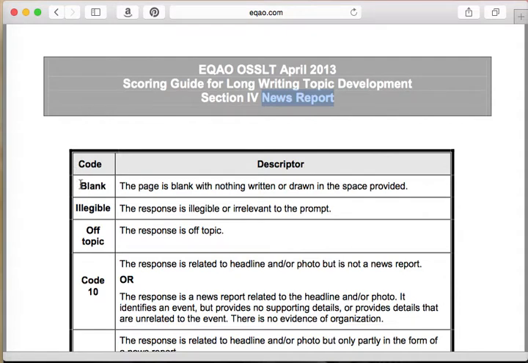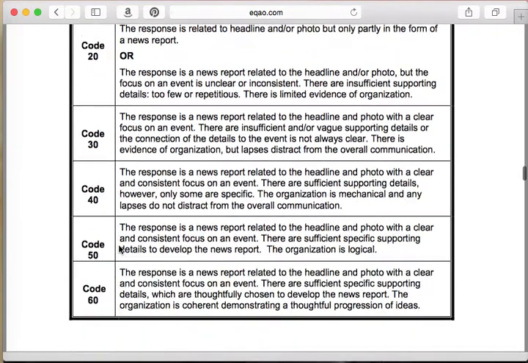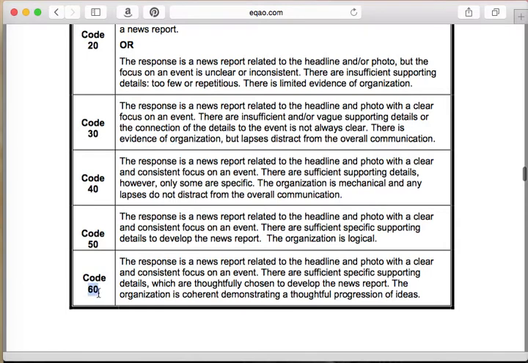Similar to the series of paragraphs supporting an opinion, you are able to get 0 on this task. You get 0 if you leave the question blank, your writing is illegible or irrelevant to the prompt, or you're completely off topic. Once again, this news report is out of 60 points.